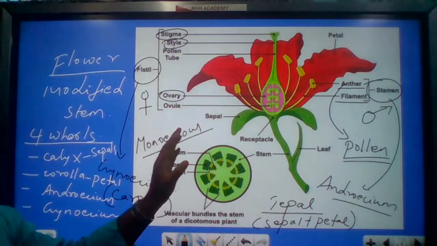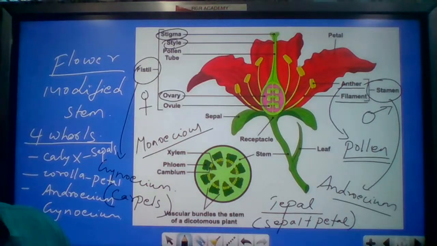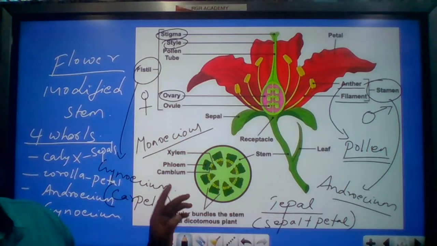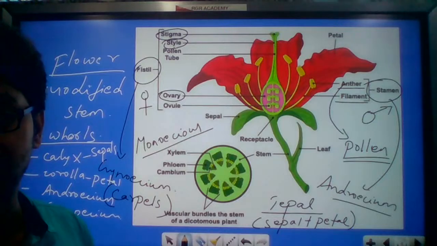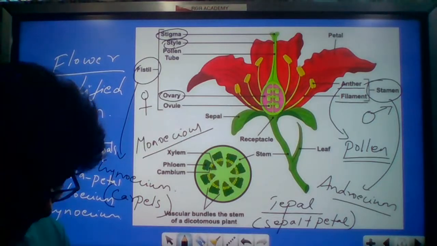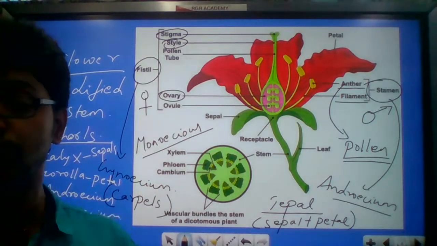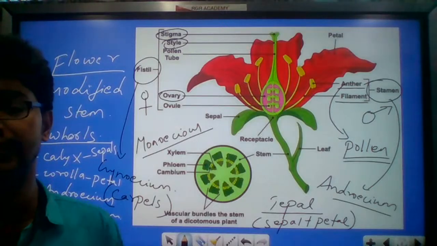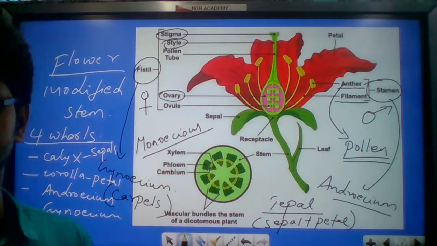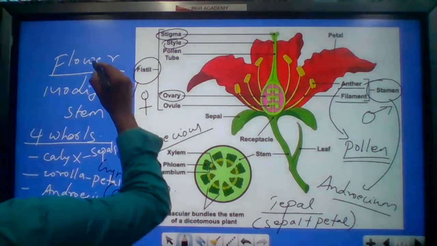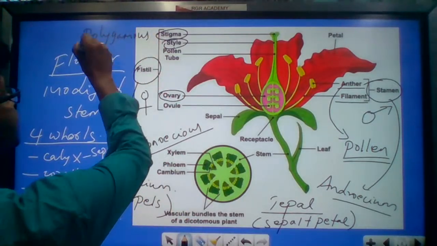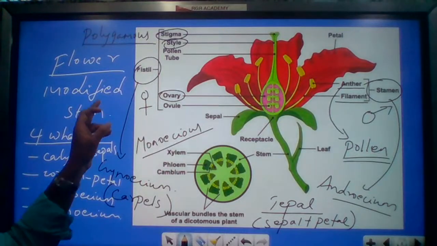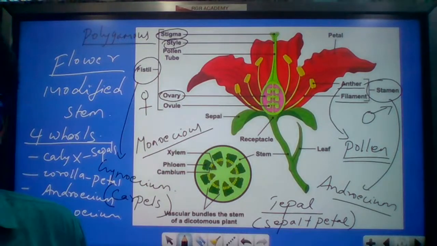So you could see at the same time the monoecious and dioecious difference. We discussed monoecious already, and we know what a dioecious plant is. In some plants there are both bisexual and unisexual flowers. What term can we give for such a plant? We give the term polygamous. In the polygamous condition you could see both unisexual as well as bisexual flowers in the same plant.